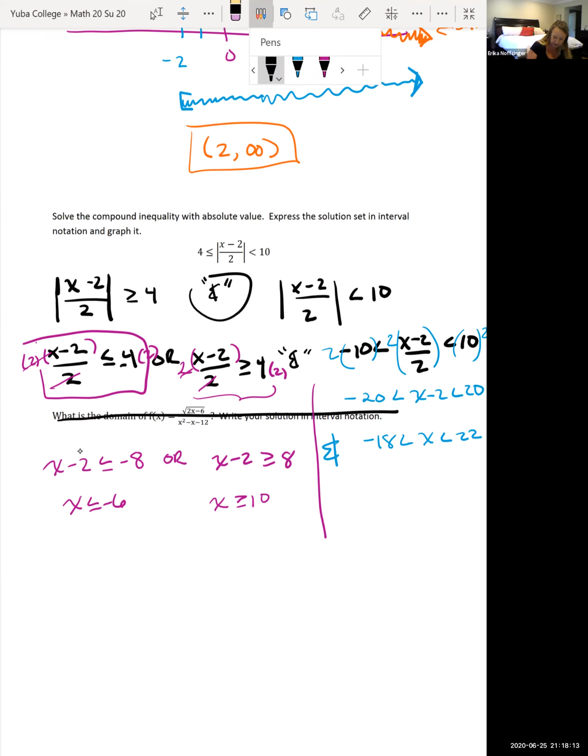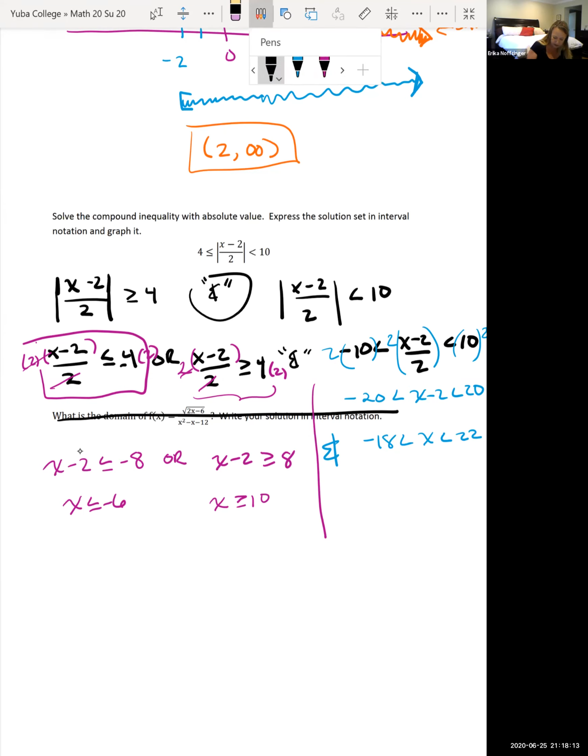Okay, so let's graph it. Let's say that this is 22. Let's say that this is where 10 is.